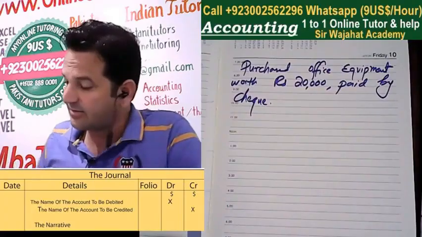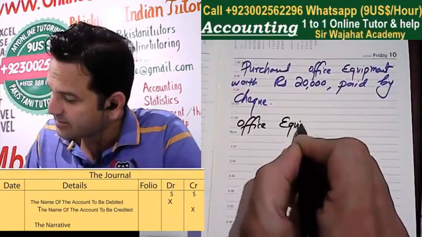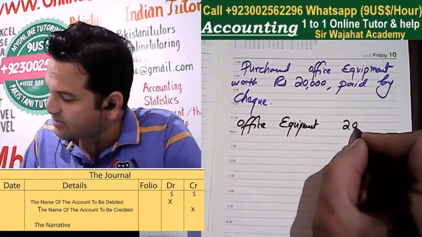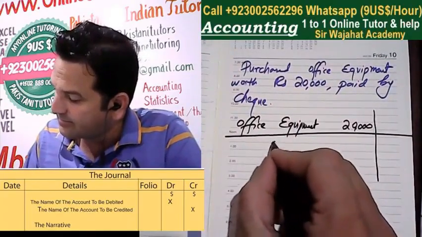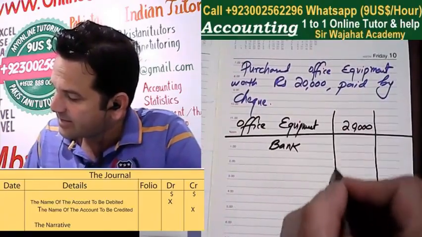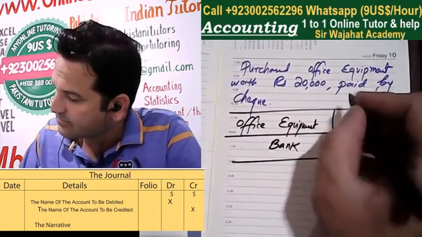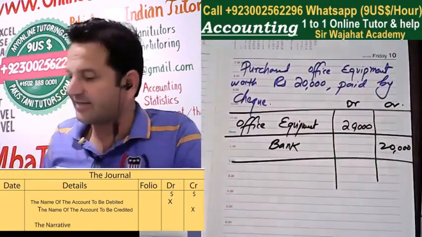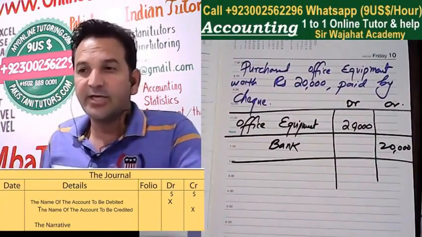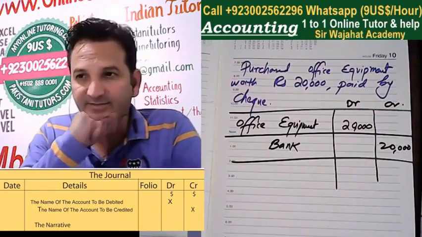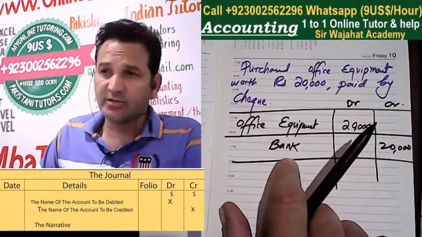But here, since a check has been given, the entry will be office equipment 20,000 debit, and bank credited by 20,000. Is that clear? If we had paid in cash, then instead of bank, cash would have been entered.